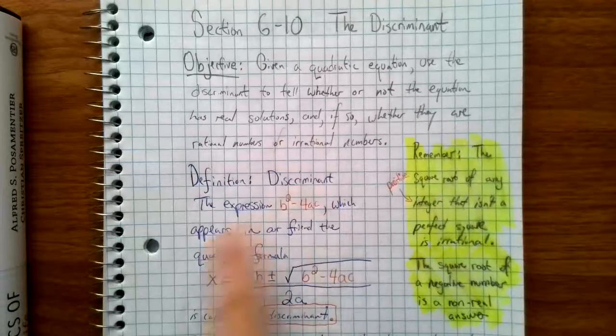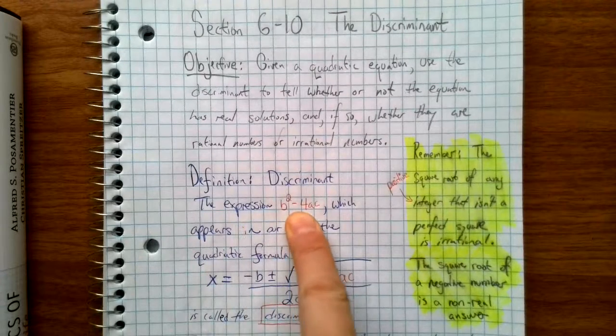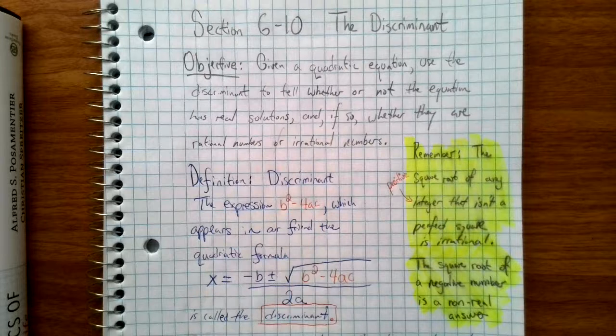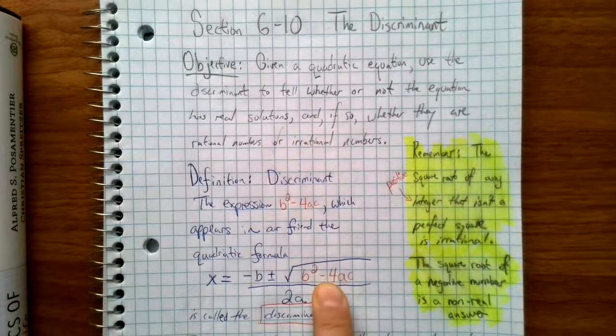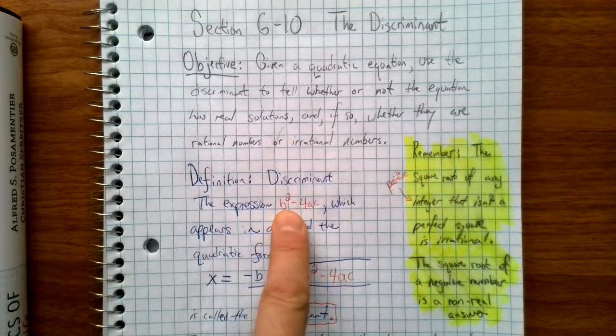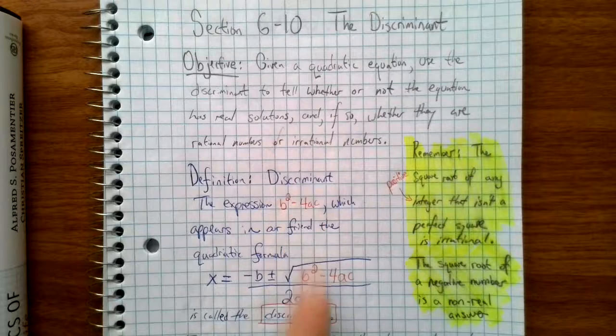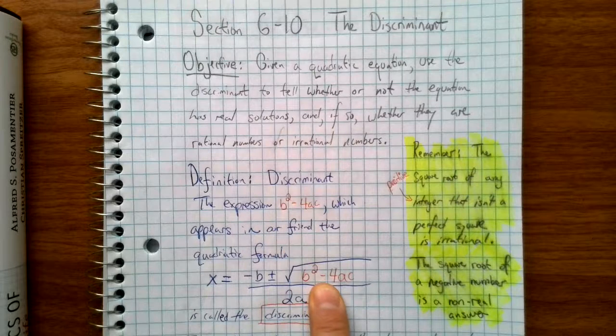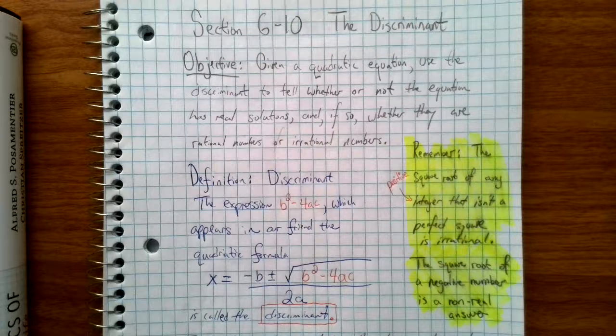The discriminant is this expression b squared minus 4ac, which comes directly out of our friend here, the quadratic formula. Once again, the discriminant is b squared minus 4ac, which is coming directly out of the square root. Two quick things to remember.